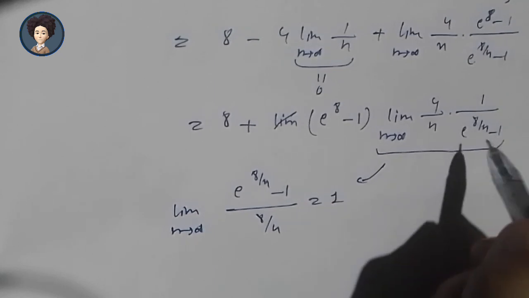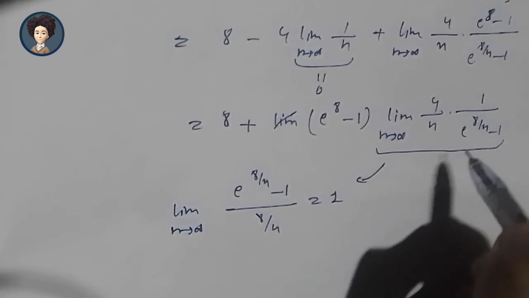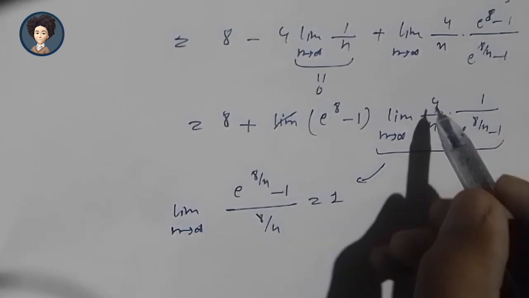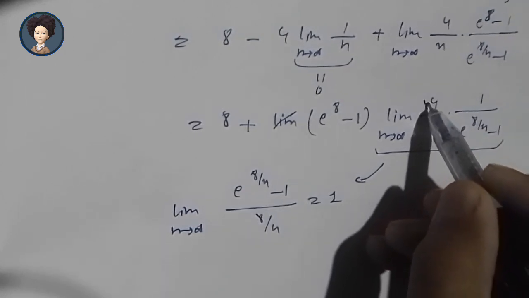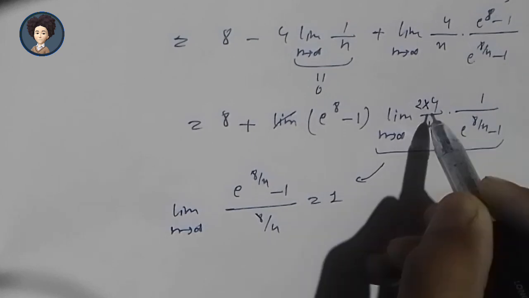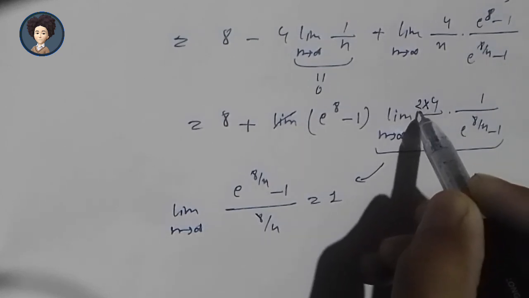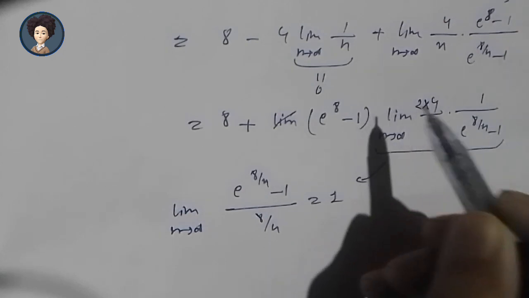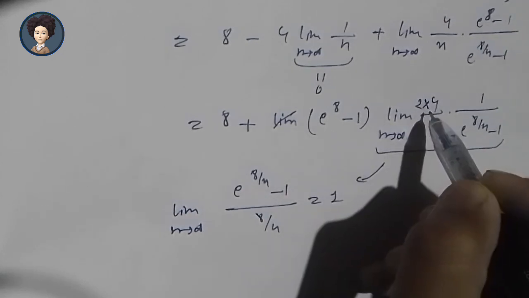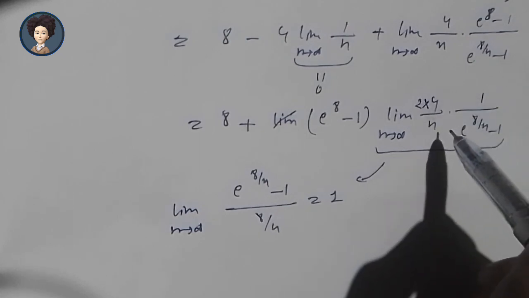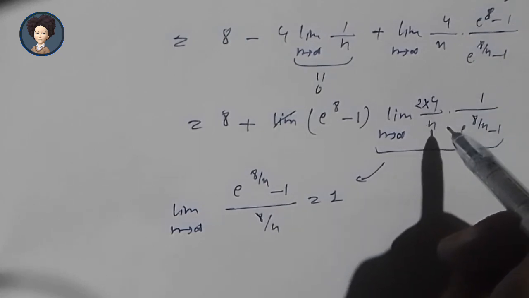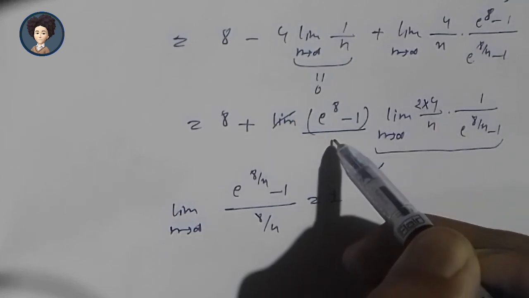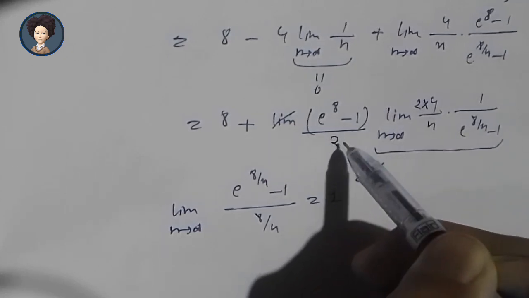How can we make this like this? Okay, we just need to multiply here by 2, then we get 8, since we are multiplying by ourselves. So then we also need to divide by this 2, so that the equation is balanced here. So we just divide by that 2 here.